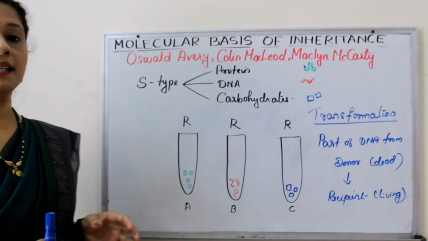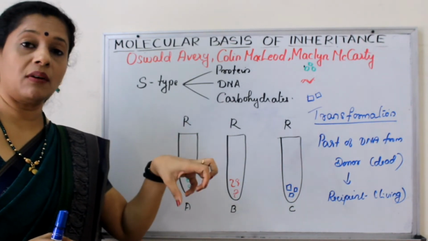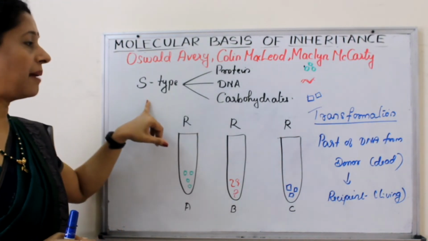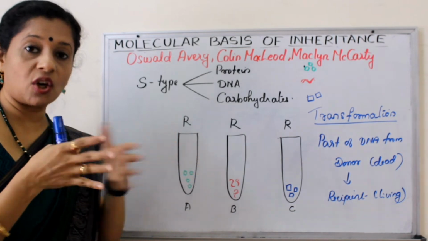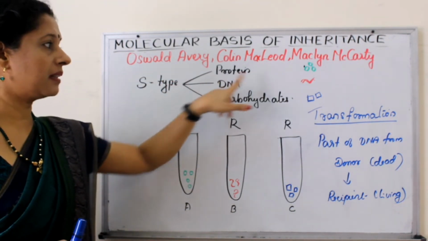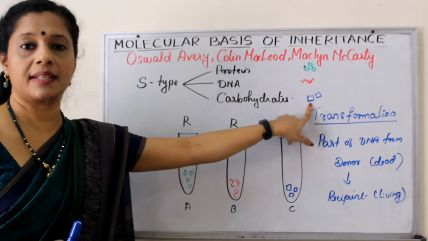So what they did, we found that in the dead mice, they found the living S-type bacteria. So the S-type bacteria, they fractionated or separated into different biochemical components like protein, DNA and carbohydrates.